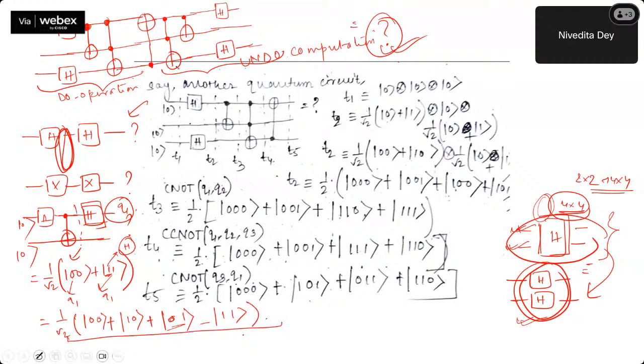Now if you do a measurement on the first qubit, you should be getting 00. Okay, somewhere maybe I'm just missing. Just hold it for some time. Let me do it.